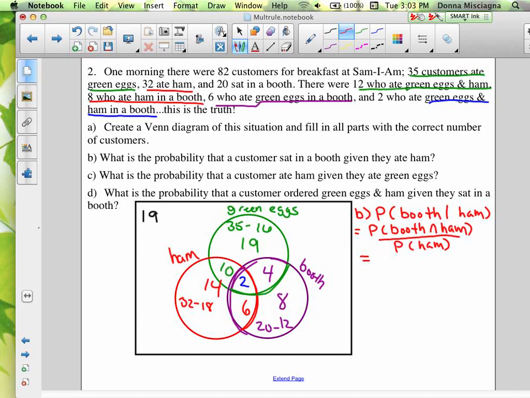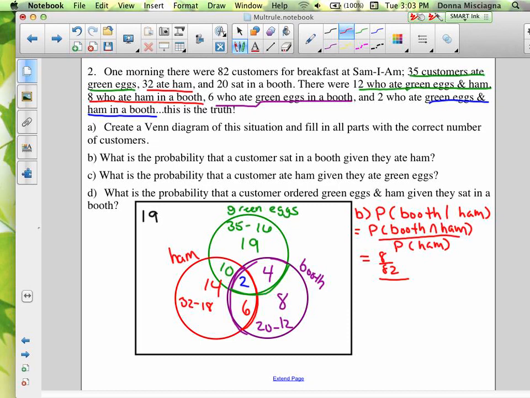So there are 8. Oops, sorry. There are 8 out of 82. Don't forget that. Right? So there are 82 total people. 8 of them ate ham in a booth. And then divide that by the probability of ham. Right? So that includes everybody who's in the red circle.